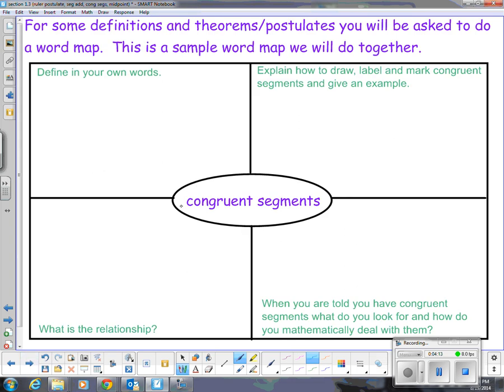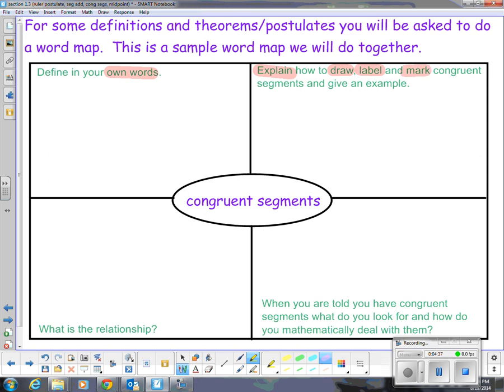All right, so now we've already talked about congruent segments. This is a word map, and I'm only asking you to do word maps on critically important definitions. You will see this again. I want you to define this in your own words. I gave you a textbook definition. Put it in your own words. You put it in your own words, you own it. Then you're going to explain how to draw, label, mark.